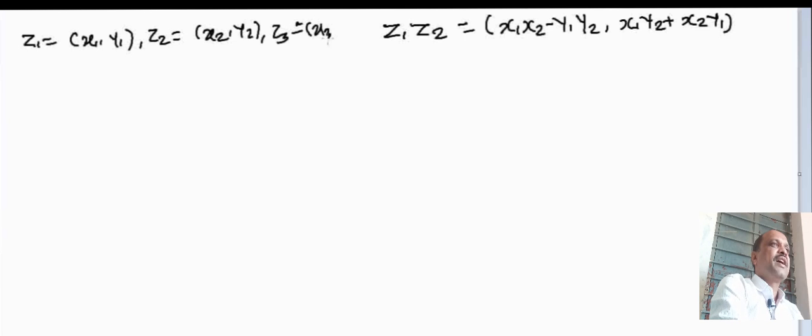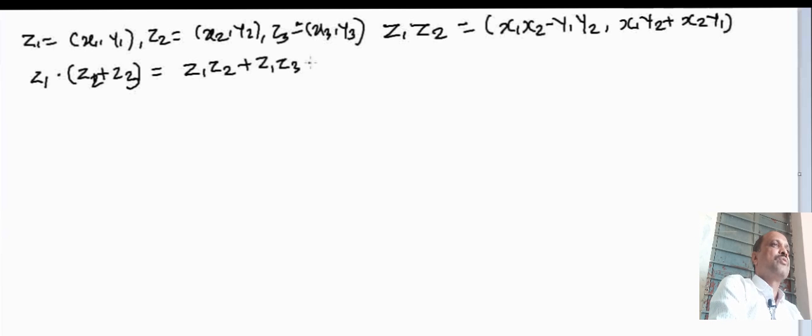You can see that z1 into (z2 plus z3) equals z1 into z2 plus z1 into z3. Here, we want to prove this.